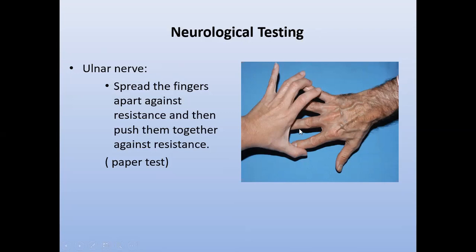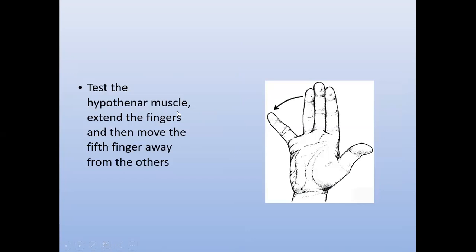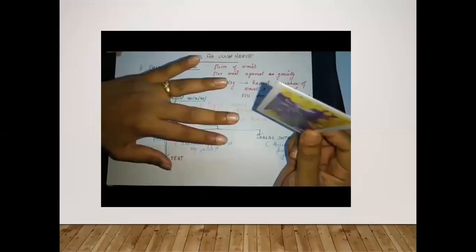If he's able to do that, that means the dorsal interossei are intact. And in the card test, you're telling the patient to adduct. That is the part of the palmar interossei. The work of palmar interossei is to adduct the fingers. So the patient can clasp a card between his middle and ring finger. Okay, that's a card test.